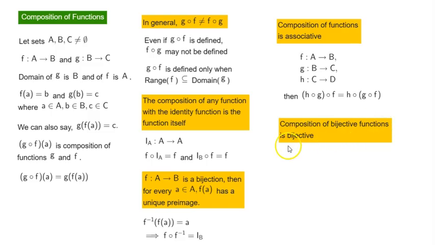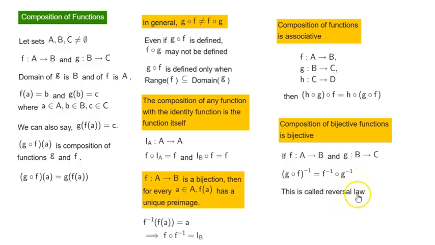Composition of bijective functions is bijective. So here if f maps A to B and g maps B to C, and f and g are bijective functions, then (g∘f) inverse is equal to f inverse composition g inverse. This is called reversal law.